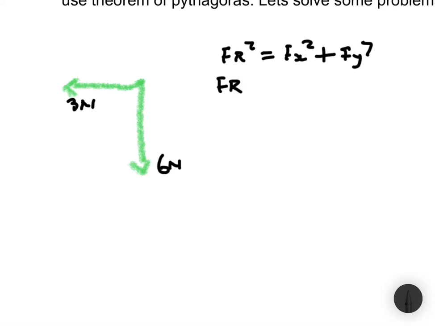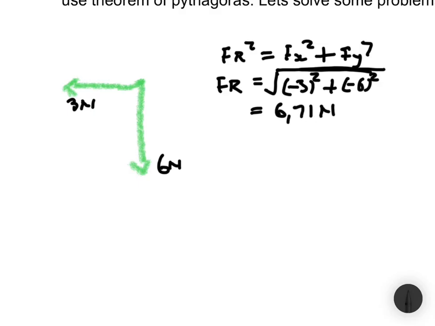So FR will be equal to the square root of minus 3 squared, because we take up and to the right as positive, plus minus 6 squared, right? But you might be thinking, why are we even putting the minus signs here? Because at this step it doesn't affect our answer, but you will see that soon it's going to affect our answer.